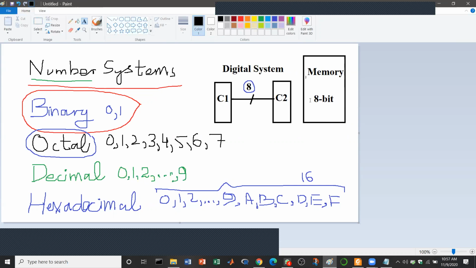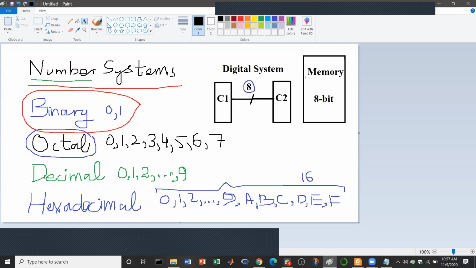So these units can be assigned to the memory as well as to the connections which we find in the printed circuit boards of digital systems. So that's why we study the octal.